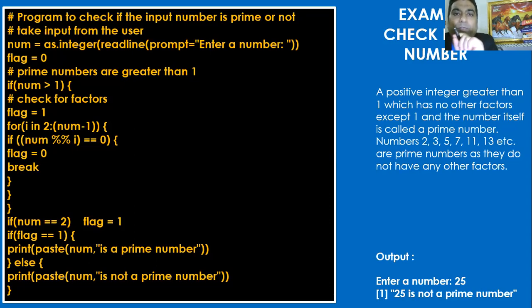Now I've taken one flag and defined the value as 0. Now it checks if num, the number the user has entered, is greater than 1, then check for the factors. Else check the next code block. This way it will check whether it's a prime number or not.